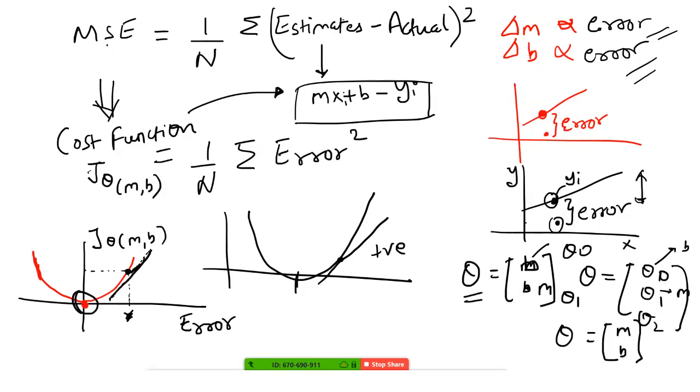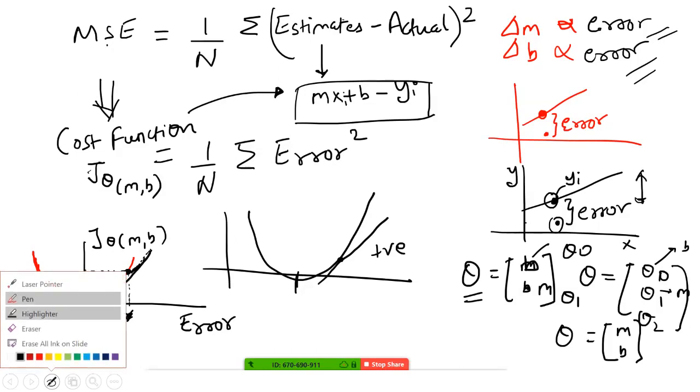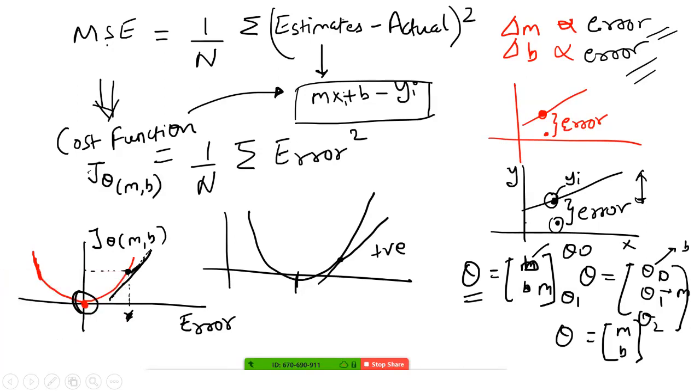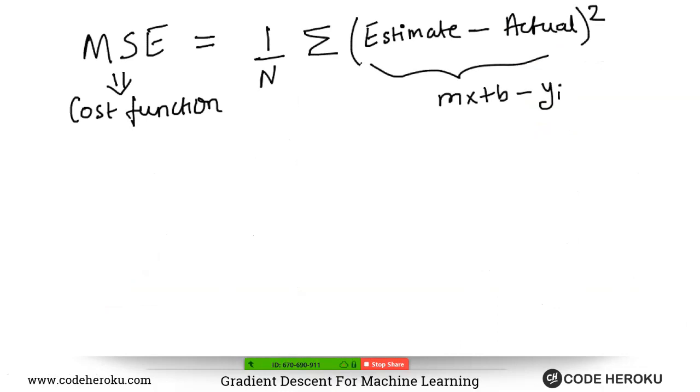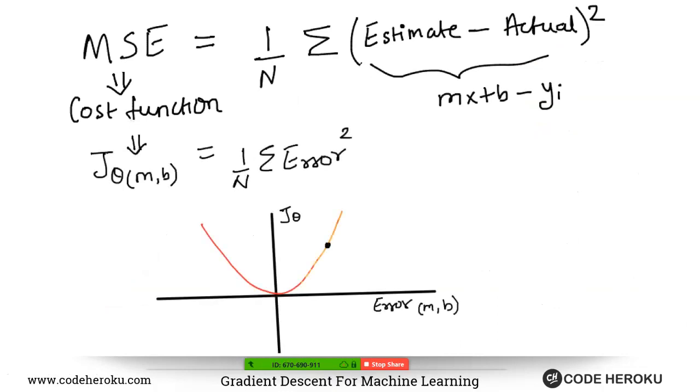So let me again make sure that you understand. Now that we have seen this, I can do it over here as well. So mean squared error is estimate minus actual. This is the cost function, mx plus b, J theta. And I have the nicely drawn curve for you over here. And we need to adjust the m and b.